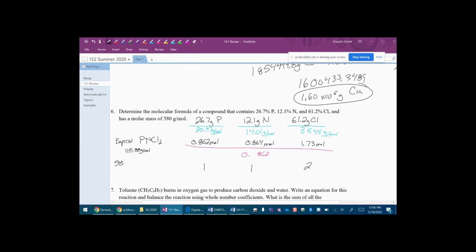So I take my 580 divided by 115.88 and I get 5. So we just multiply this by 5. P5N5Cl10. And there we go. And that's number 6. Again, if you have questions, feel free to ask.